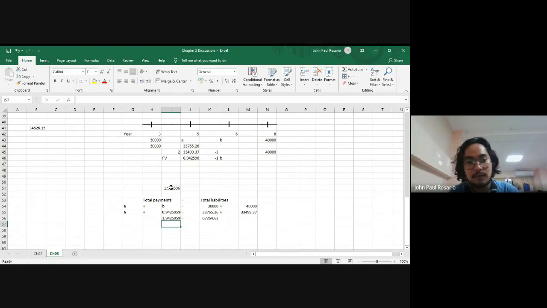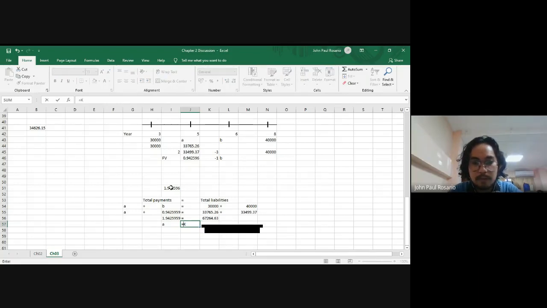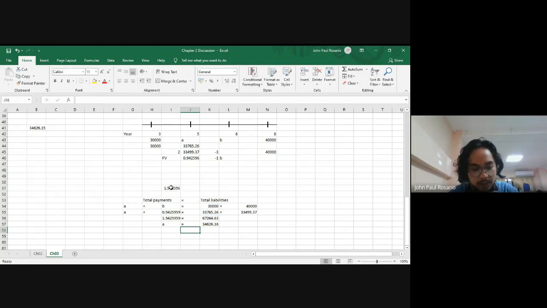So, meaning, A is equal to this one divided by this one. So, 34,626.16. Yeah, it has decimals, so it rounded off.